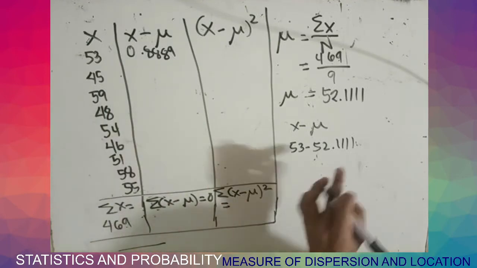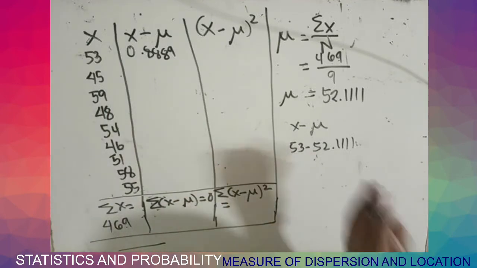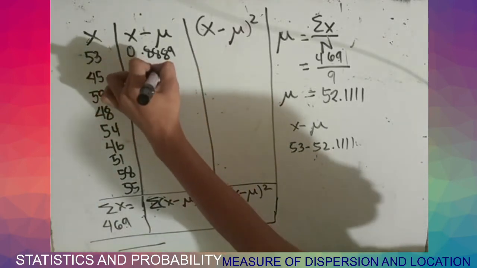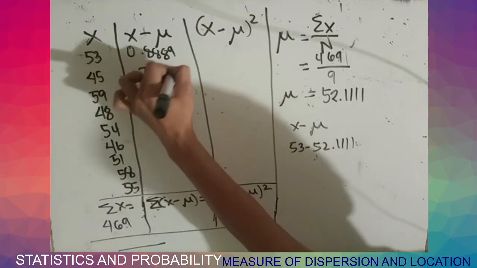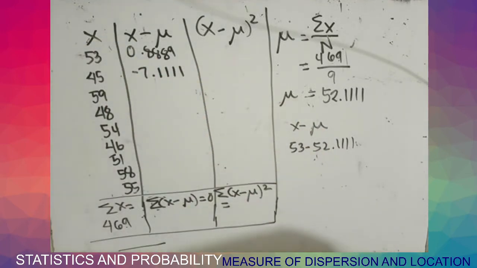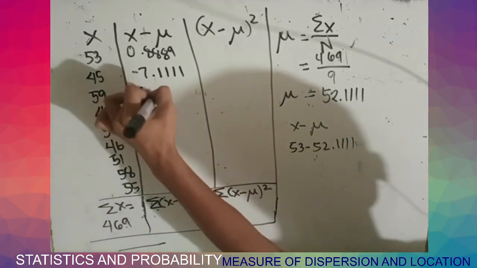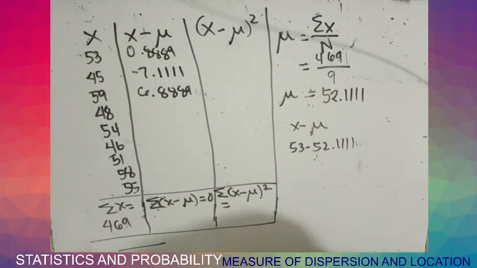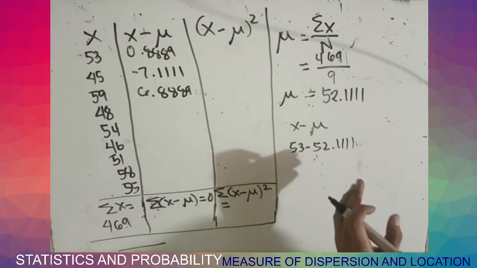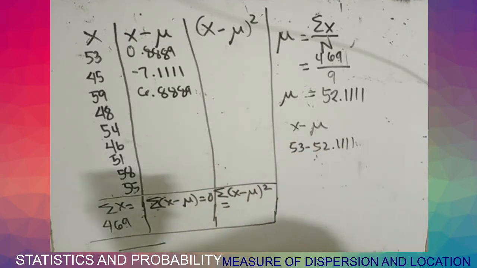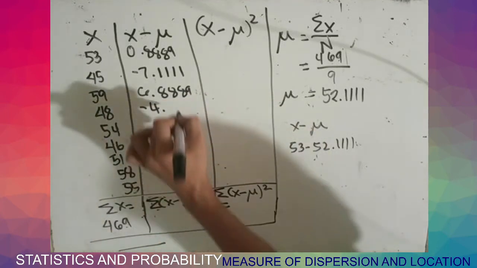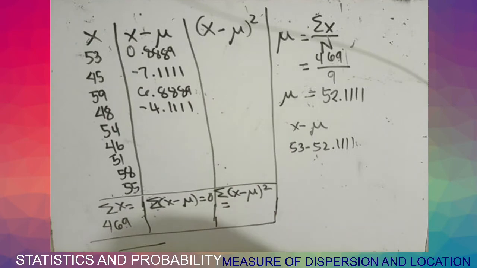Next, 45 minus 52.4444. So, negative 7.4444. Next, 59 minus 52.4444. So, 6.5556. Next, 48 minus 52.4444. Sagot nun ay negative 4.4444.